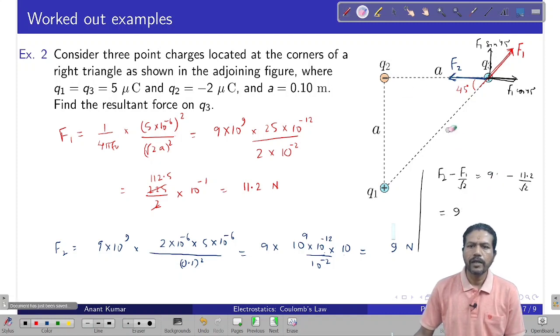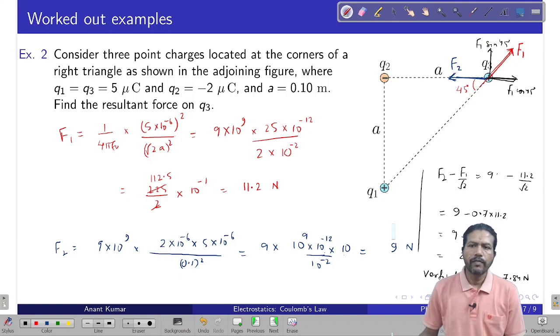So I have 9 minus 0.7 times 11.2, giving us 9 minus 7.84, which gives around 2.16 Newton, while the vertical force is simply F1 sine 45 degrees, which is F1 upon root 2, which is 7.84 Newton.